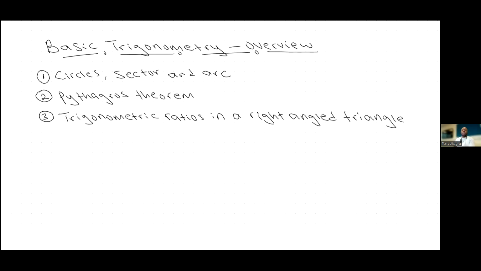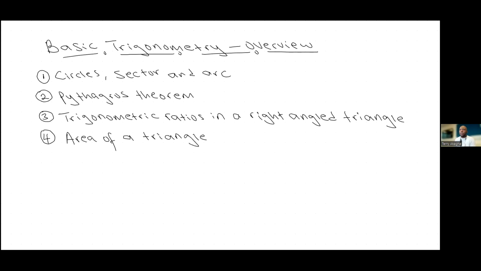Then I will go to the next one, where I will talk about how you find the area of a triangle.